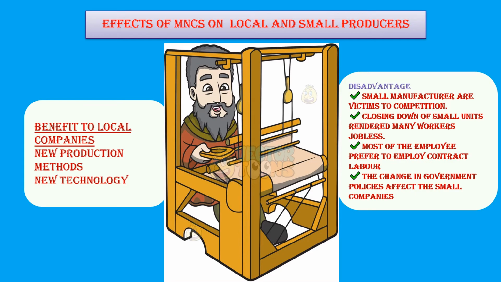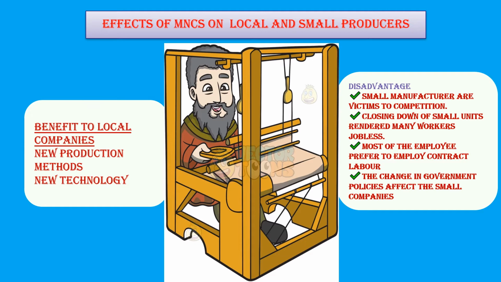Now let's look at the effects of MNCs on local and small producers. Like we know, a coin has got two sides. Every aspect has a positive and a negative side. So in the same manner, the coming of MNCs was both an advantage and a disadvantage to the local and small producers.